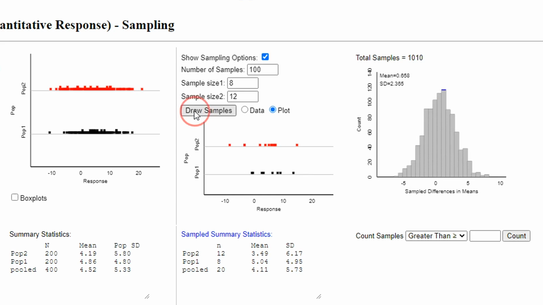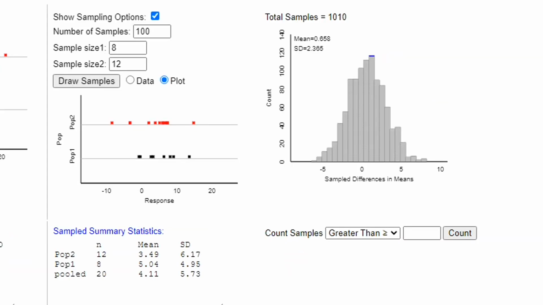Here we are at just over 1,000 simulated samples. And here we have a simulated sampling distribution with more than 1,000 samples of the difference of these individual sample means that we've done over and over again.